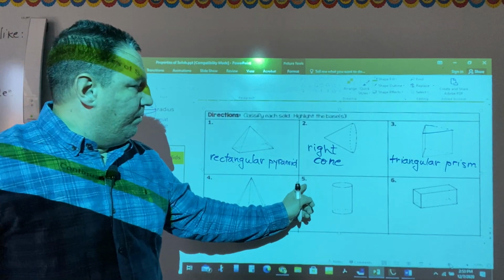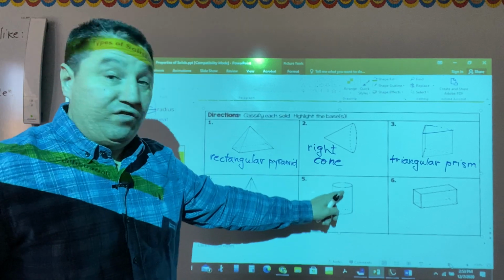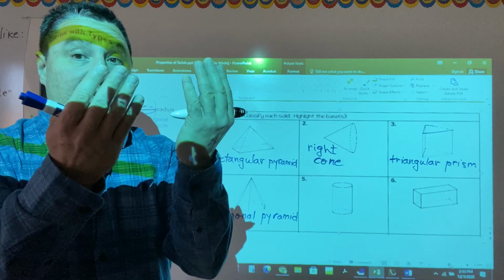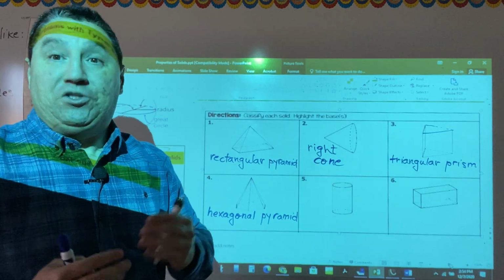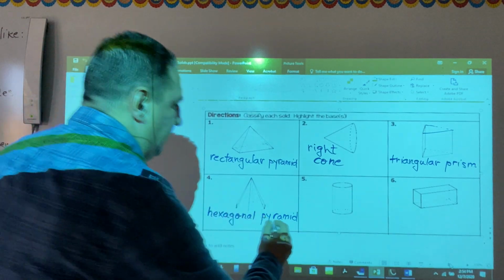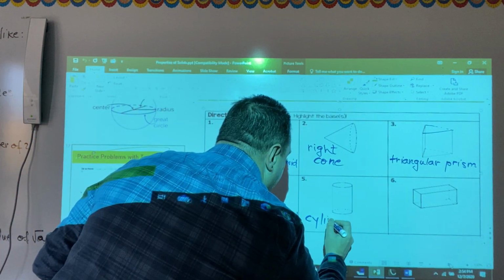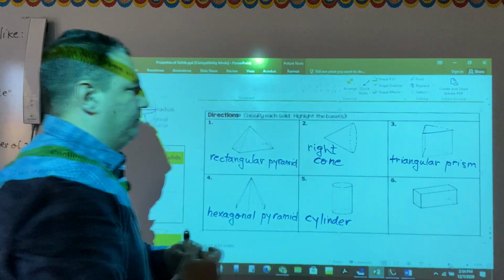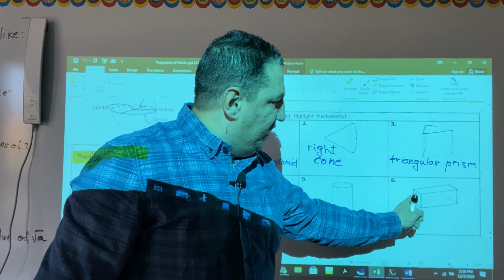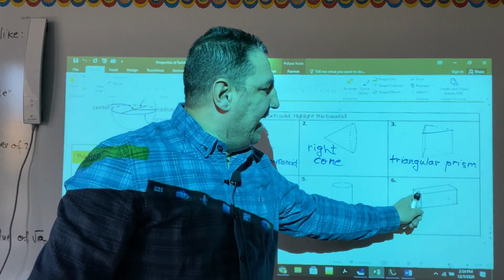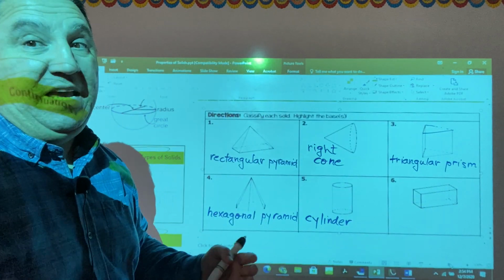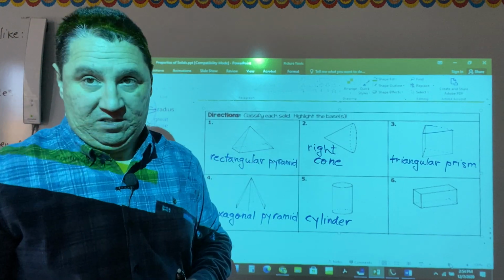Next, on this shape, we have two identical bases, but this time the bases are circular. Which means this shape is a cylinder. Next, on this shape, we have two identical bases or ends, which means this shape would be a prism.